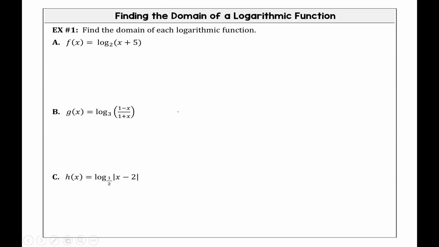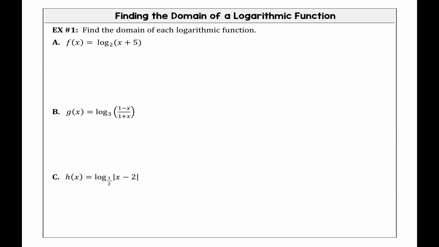No, the base is just the rate that it's changing. Because you have a vertical asymptote that prevents you from going into negative values, right?